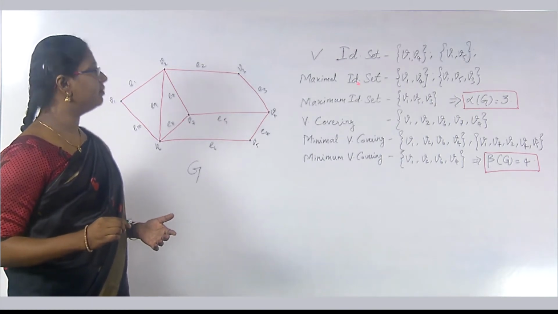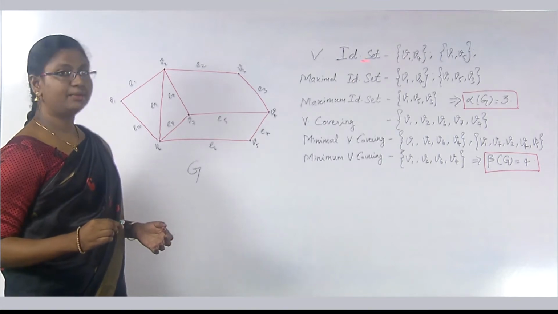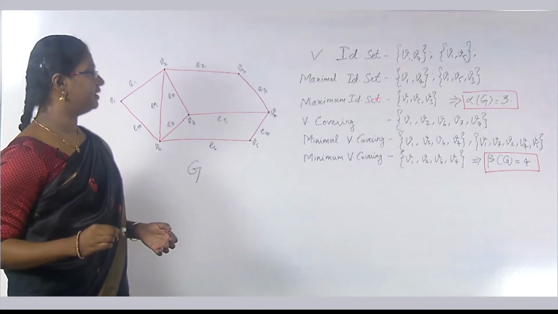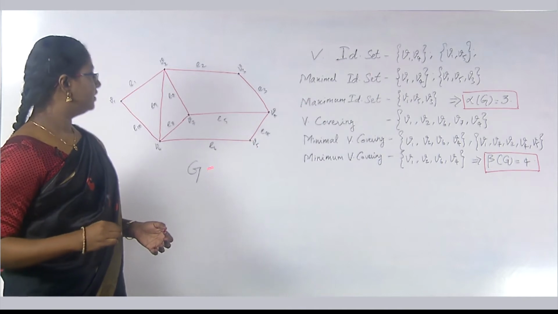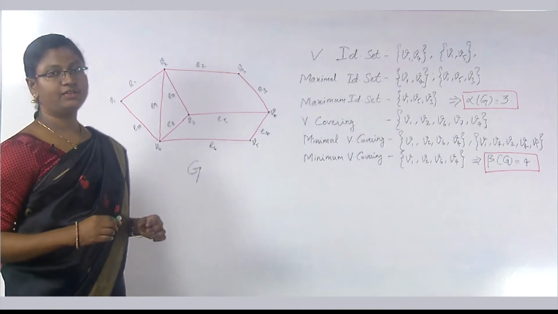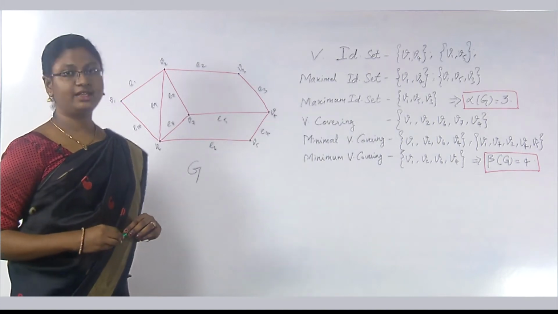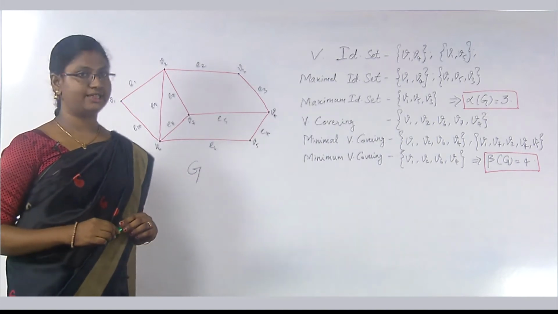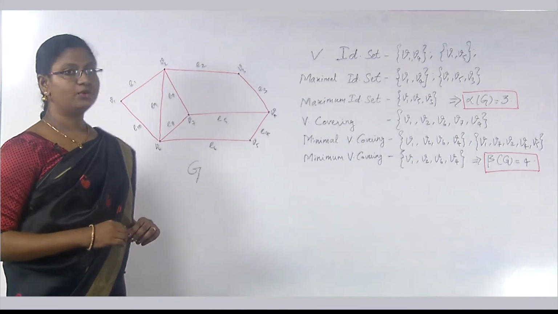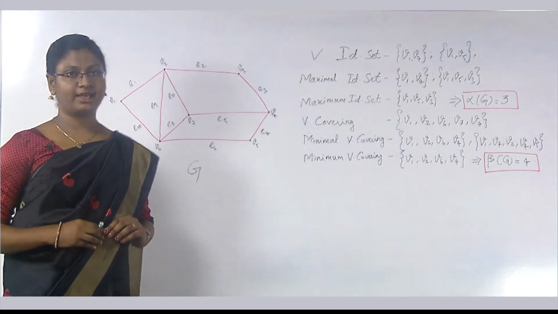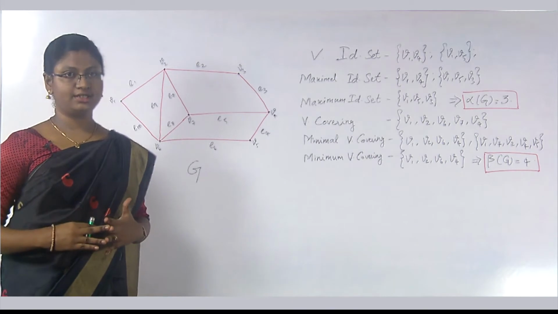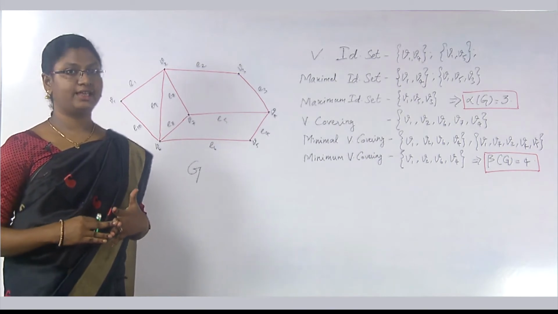So, we discussed vertex independent set, maximal independent set and maximum independent set with respect to the vertices for this graph G. Similarly, we are going to discuss vertex covering, minimal vertex covering and minimum vertex covering with respect to the graph G. By vertex covering we mean a set of vertices that cover all the edges in that graph.